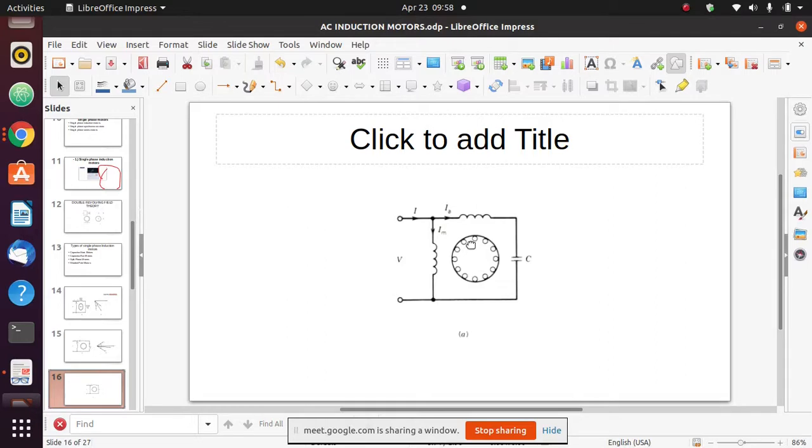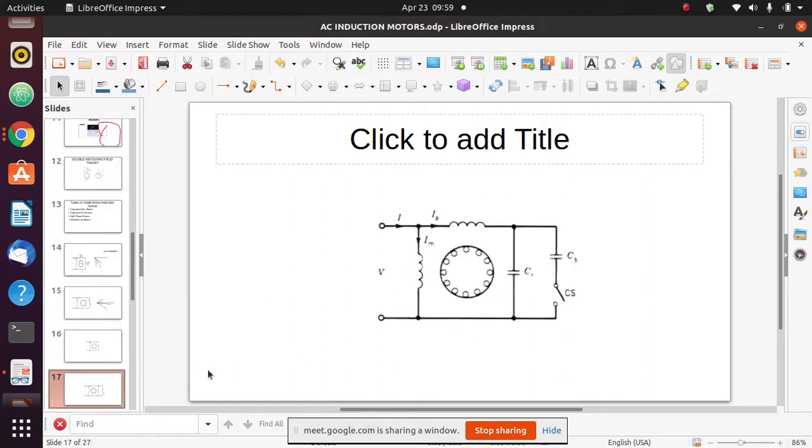This simplifies the construction of the circuit and also decreases the cost, because you have removed the centrifugal switch.